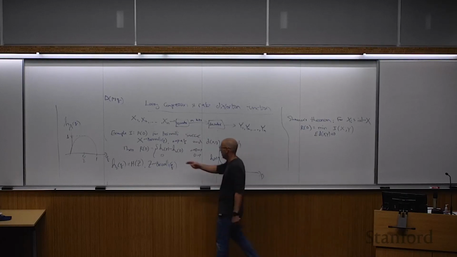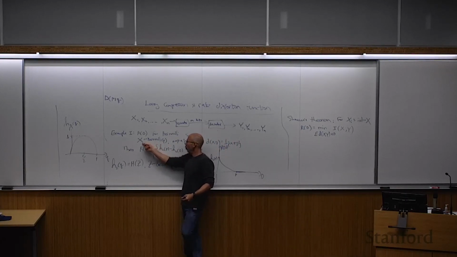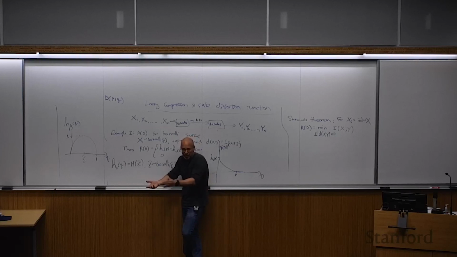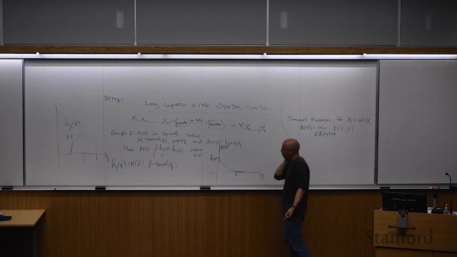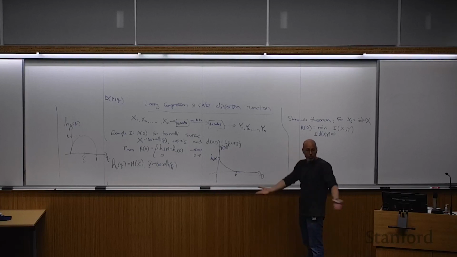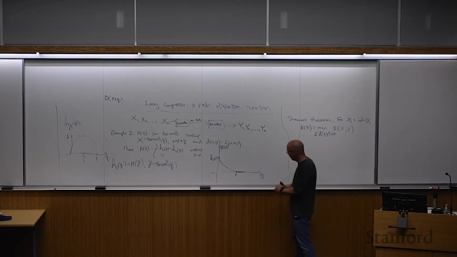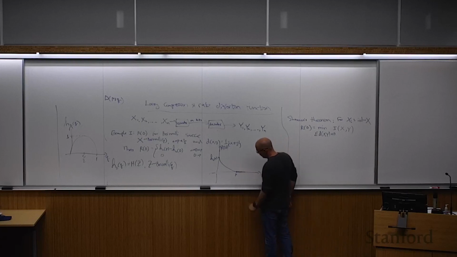Because my source is going to be 1 only with probability P. So with probability 1 minus P, I'm going to get it right on each of these components. So my expected distortion is going to be P if I just have reconstructions all zeros, and for that I don't need you to tell me anything about the source. So that's this part.